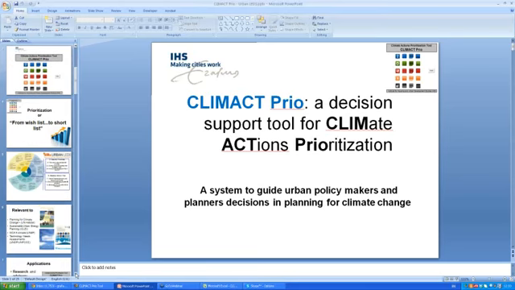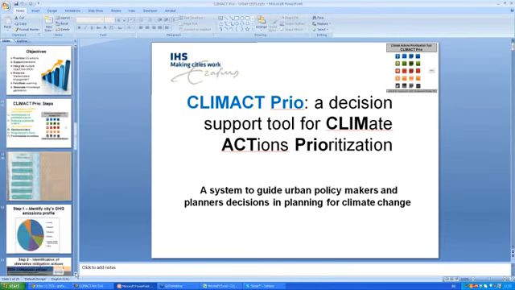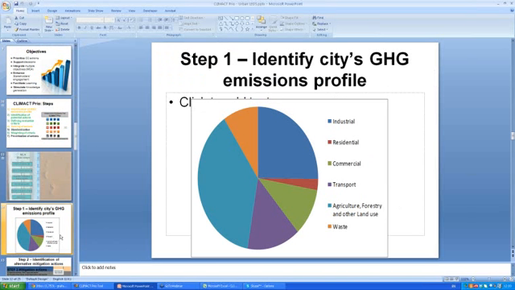Thank you. Very relevant question as well. So as I said before, this example here that is shown is based on a prioritization process of climate mitigation actions. So it is tailor-made for mitigation, for reduction of greenhouse gas emissions, and for such a process, identification of greenhouse gas emissions profile is required. However, in other cases where the objectives are different, and it's not just greenhouse gas emissions reduction, of course, we can start the process by identifying the main objectives and goals, what we want to achieve, right?